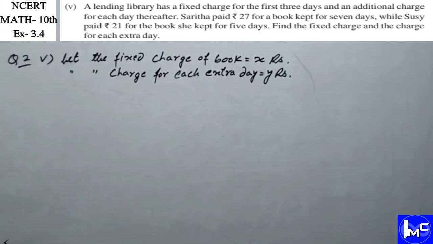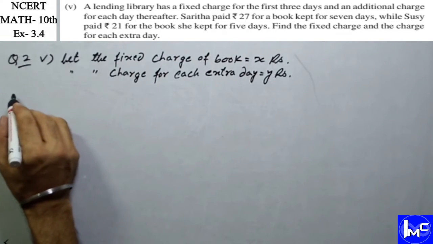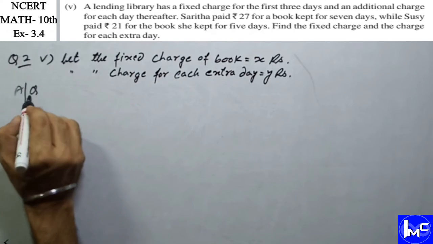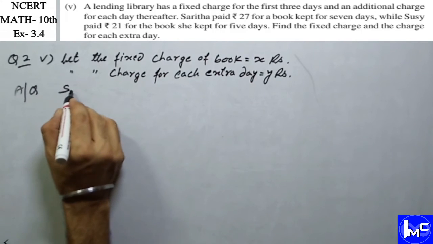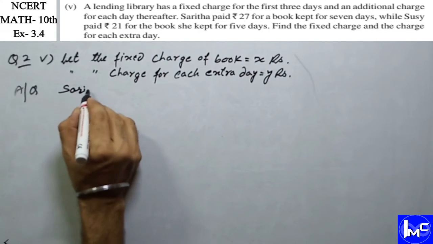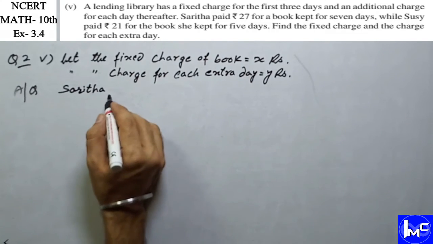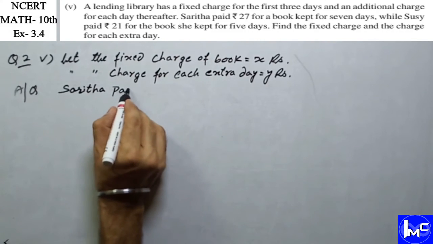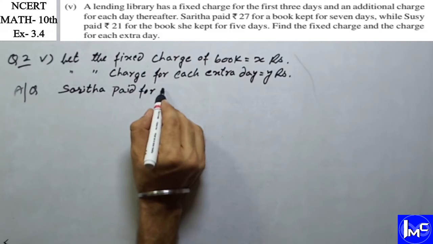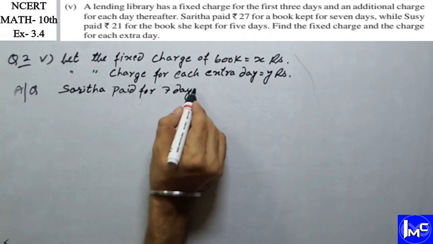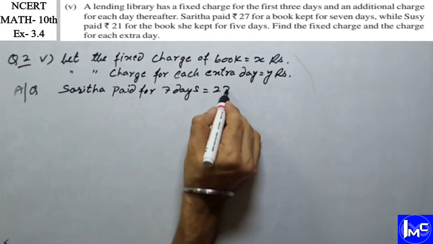And now we come to our conditions. First condition is: Saritha paid rupees 27 for the book kept for 7 days. We will write this condition. Saritha paid for 7 days is equal to 27 rupees.